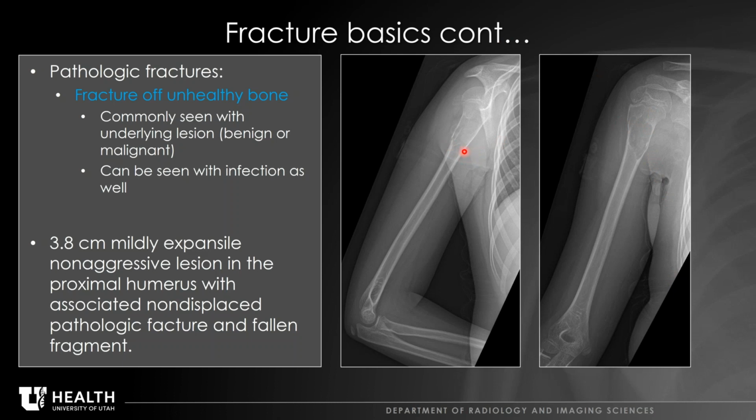What we call a lot of times in these is a fallen fragment. So this piece of bone right here that we see is called a fallen fragment, and that's just going from the cortex down into the bone. And in a patient like this, who's a pediatric patient, this is most likely going to be a non-aggressive lesion, probably something like a unicameral bone cyst or solitary bone cyst or fibroosseous lesion.